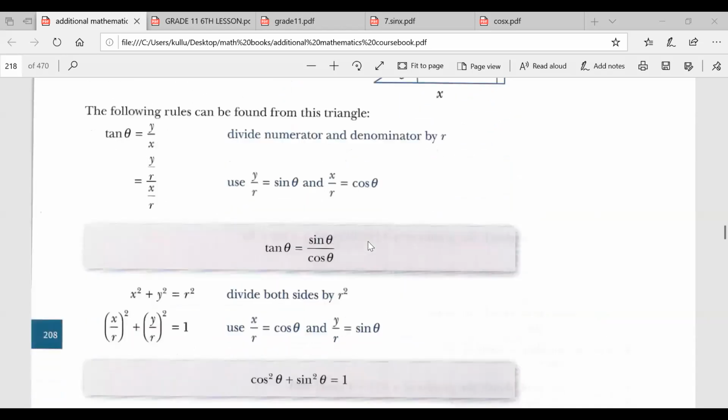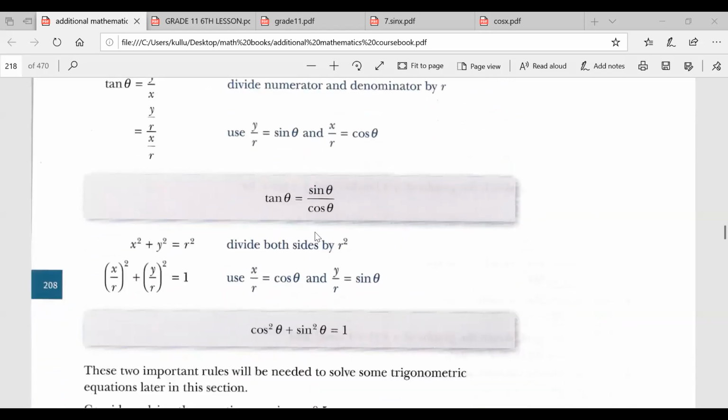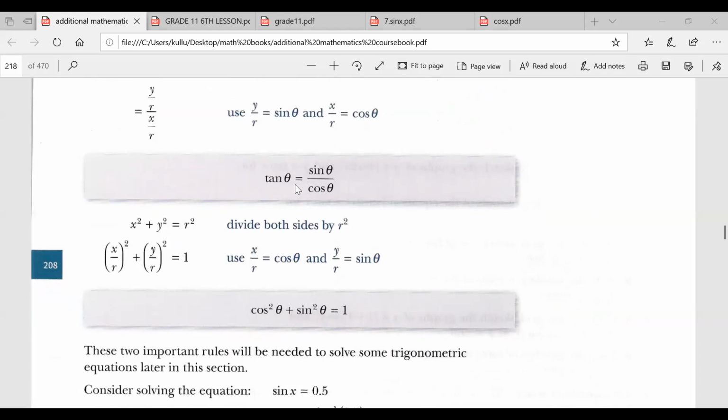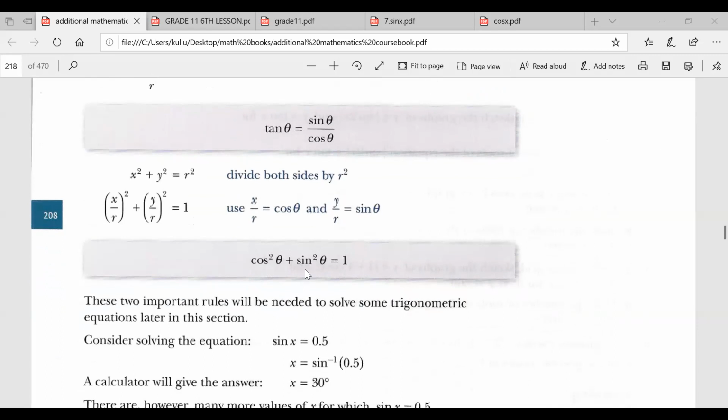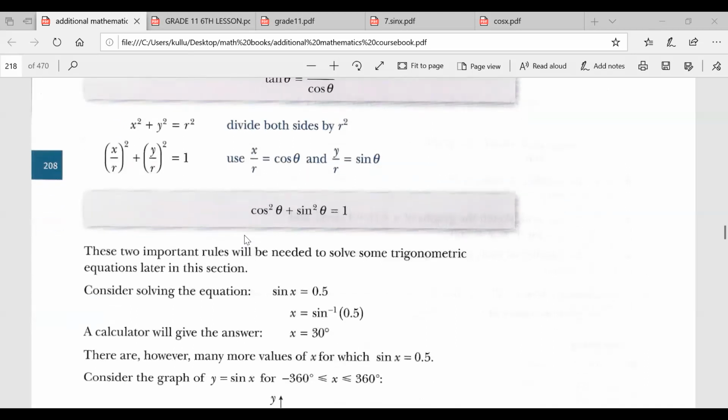So, you know the rules from before, tan theta equals sine theta over cosine theta. Do not forget that, once we solve the equations. Cosine square theta plus sine square theta equals 1. Do not forget these ones, they are really important for trigonometric equations.